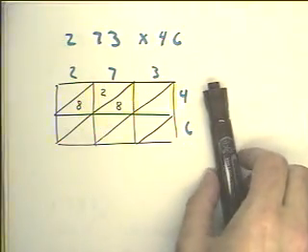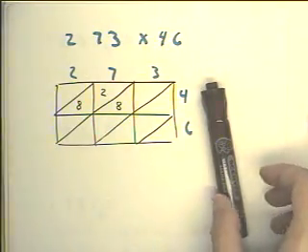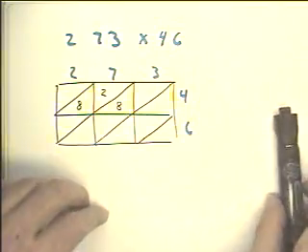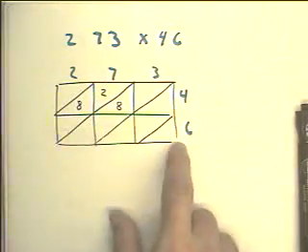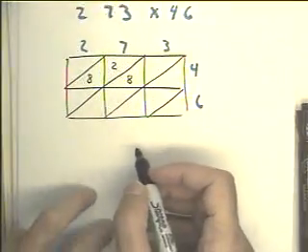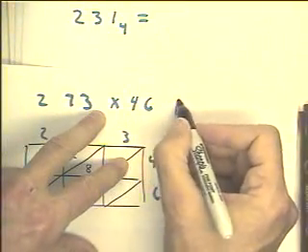Here we demonstrate what's called the lattice method of multiplication. For example, if we want to multiply 273 by 46, we write down, first of all, and let me just sketch down here how we draw this lattice.